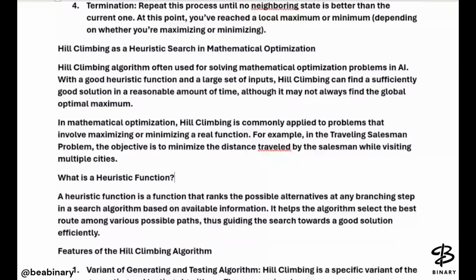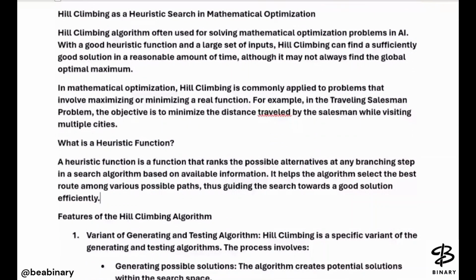Again, a heuristic function gives a possible rank at every branching step, based on whatever information is available, so that the algorithm can select the best possible route among various possible paths. So what is the feature of a hill climbing algorithm?